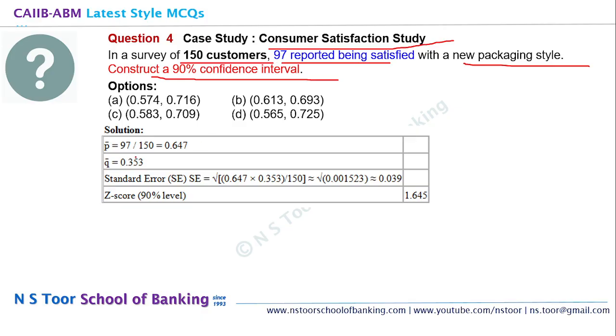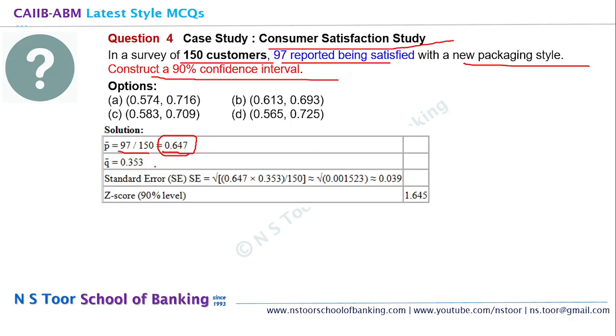So 97 divided by 150 means 0.647, or we can say that 64.7% had shown their satisfaction for the new packaging style. When 64.7% has shown or 0.647 customers have shown this satisfaction, it means remaining customers have not shown their satisfaction for a new packaging style.